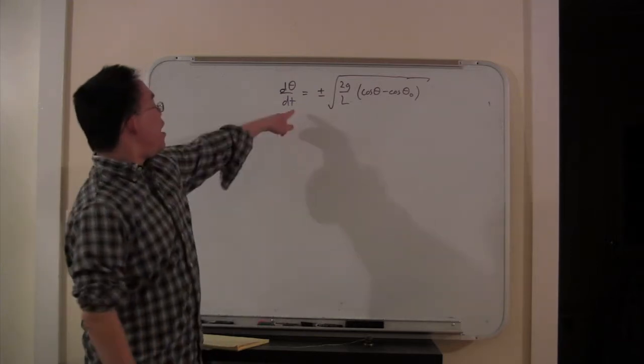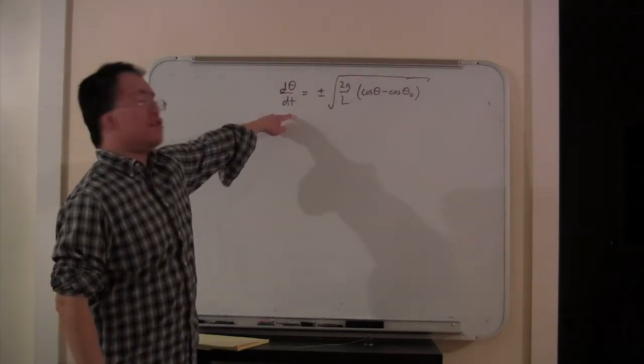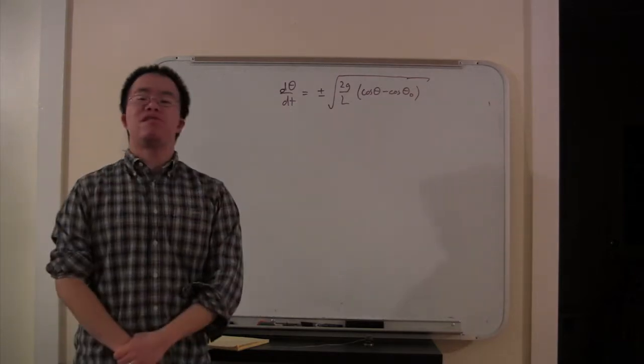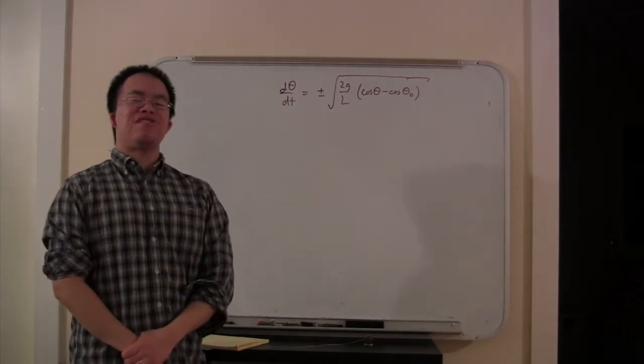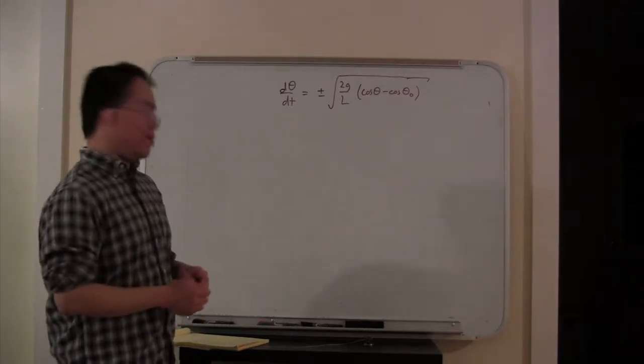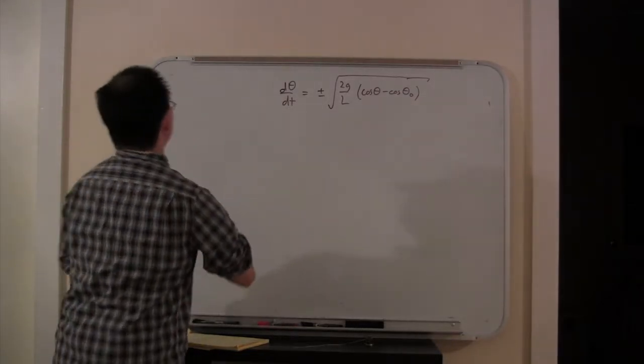Okay, so we've got our differential equation for d theta dt. And what we're going to do to solve this is a physicist thing we call separation of variables. So solve.